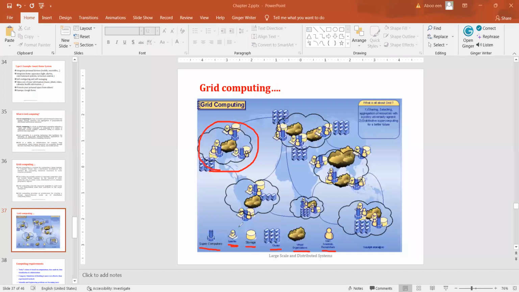In each, they have a collection of computing resources like storage capacity, clusters, and supercomputers. So the collection of components is in each geographical location.